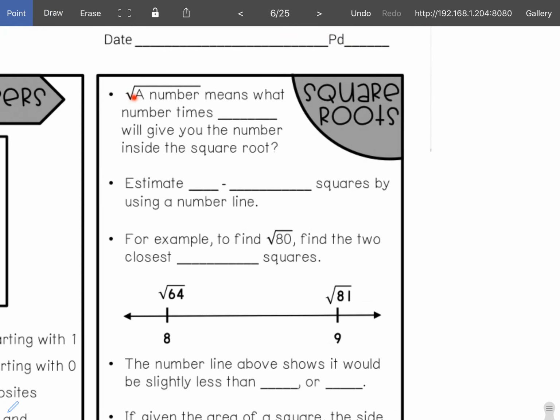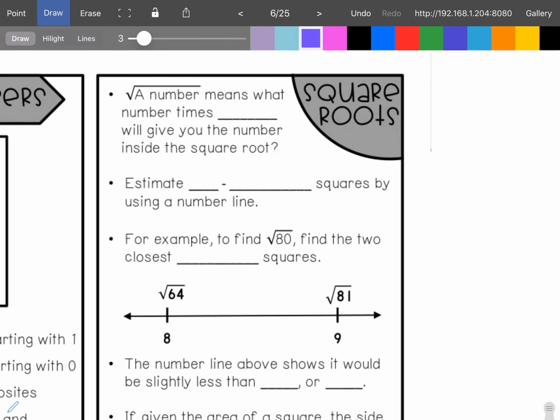Okay, let's look over here at square roots. So just as a reminder, this little radical sign means what number times itself is the number inside the square root. We'll give you the number inside the square root. Let's see here.